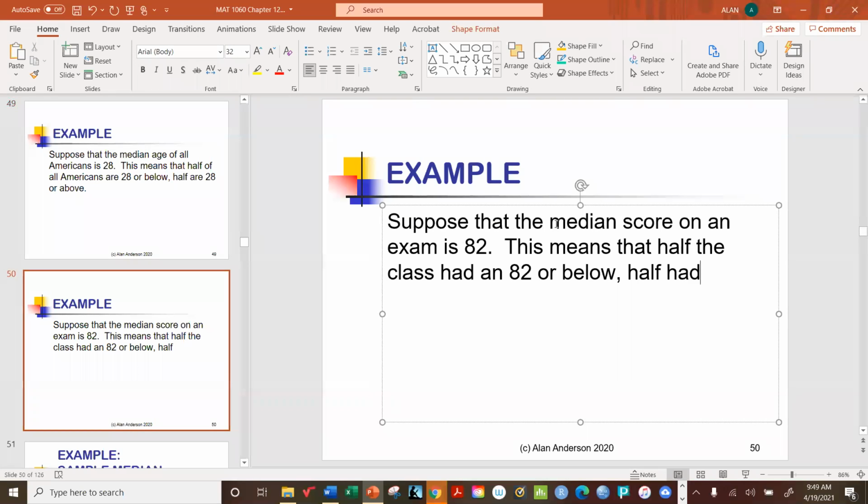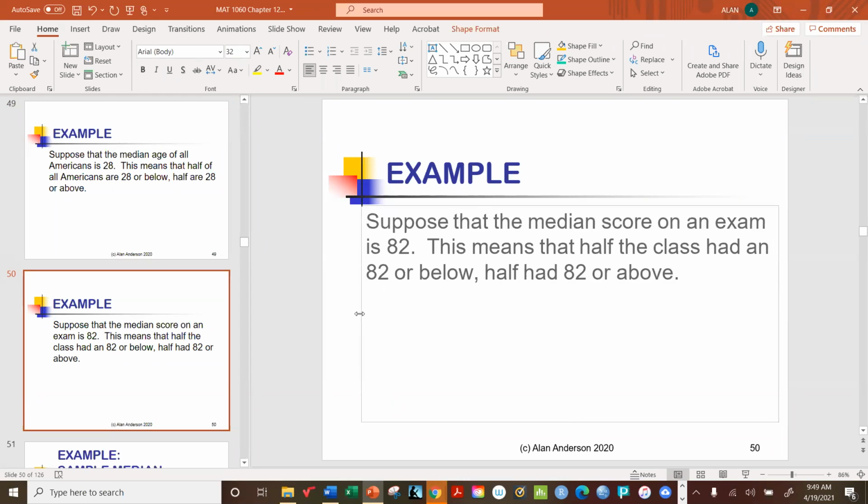Half had 82 or above. It's the dividing point, half.